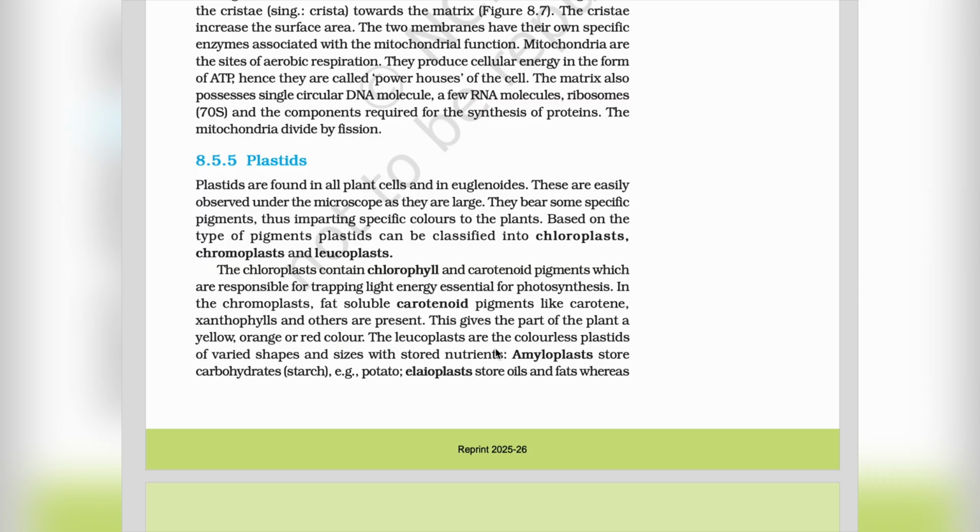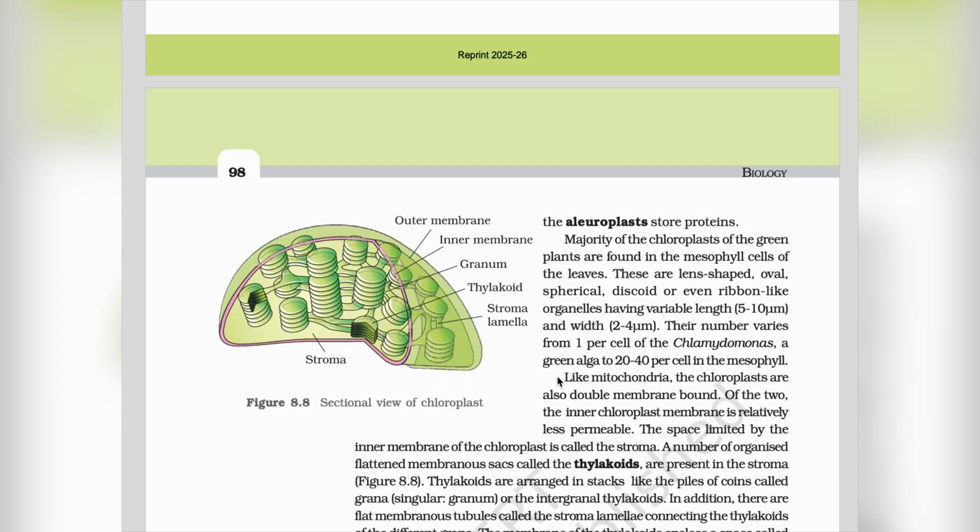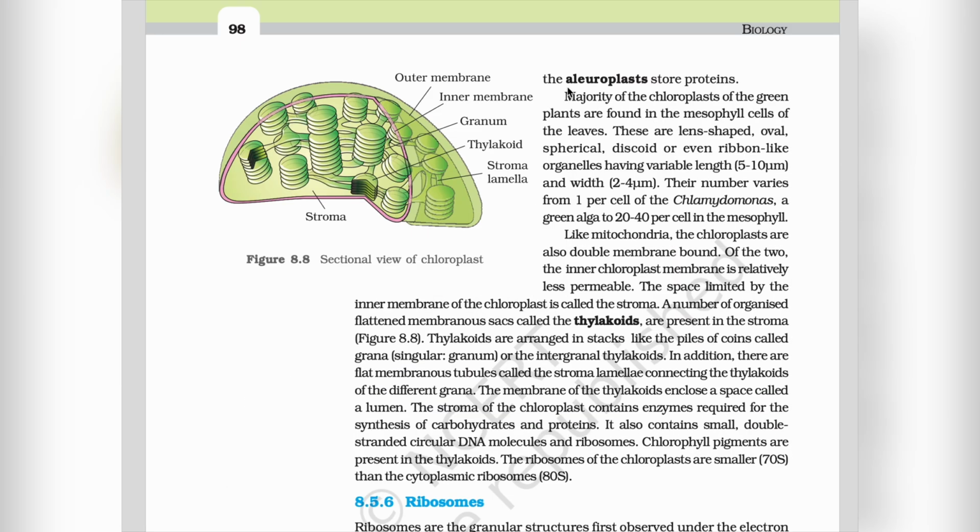The leucoplasts are the colorless plastids of varied shapes and sizes with stored nutrients. Amyloplasts store carbohydrates, that is starch, for example potato. Elaioplasts store oils and fats, whereas the aleuroplasts store proteins. The majority of the chloroplasts of the green plants are found in the mesophyll cells of the leaves.